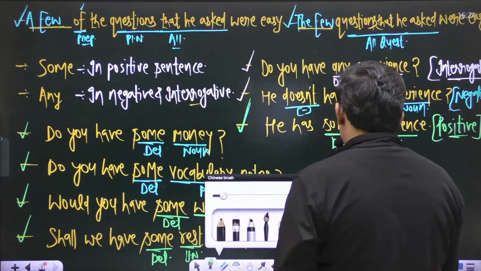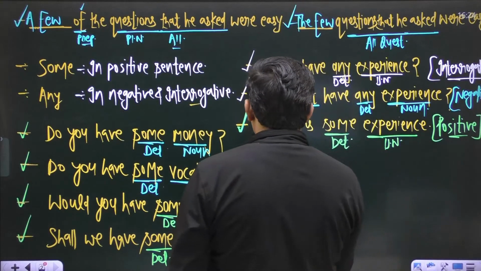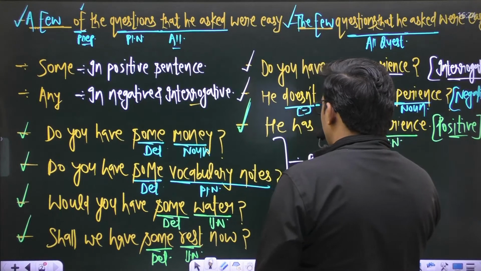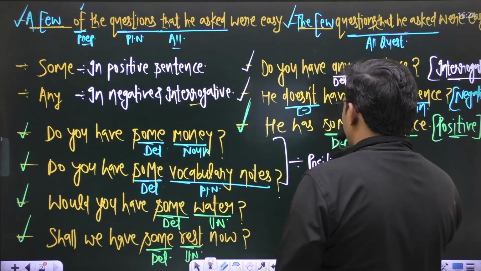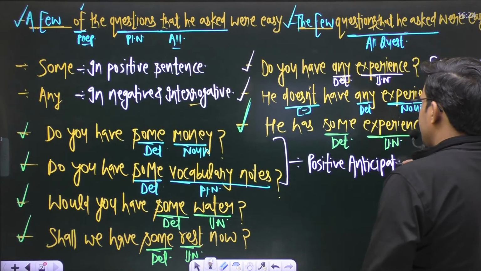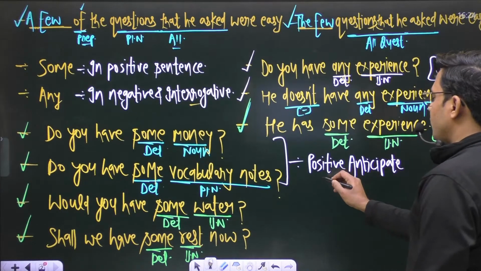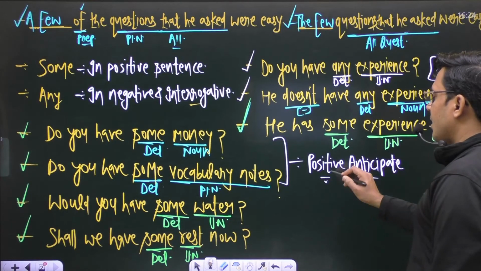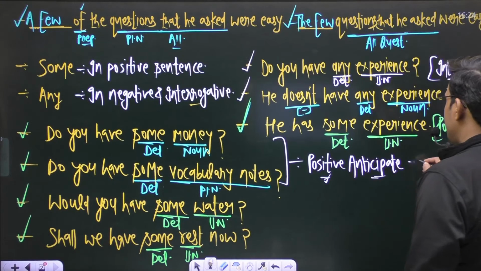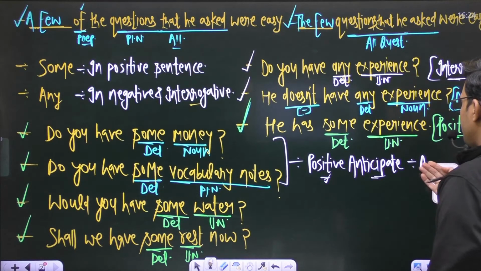Make it sure whenever it comes to positive anticipation, in the first two sentences we are talking about positive anticipation. Positive anticipation means when you anticipate something positively, in that case, to show positive anticipation, we use some.